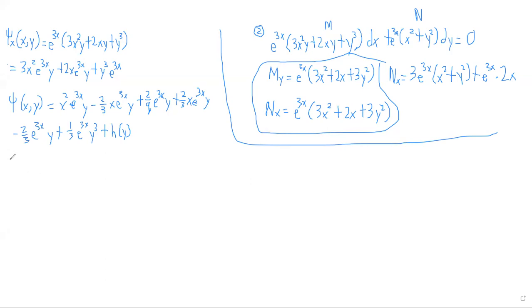So M sub y of xy is equal to x squared e to the 3x, obviously because the y cancels.